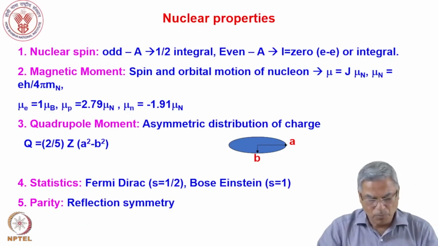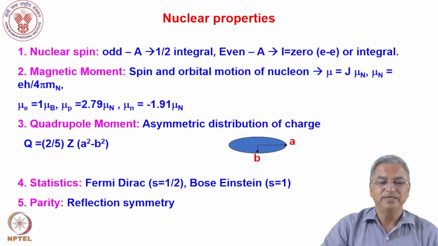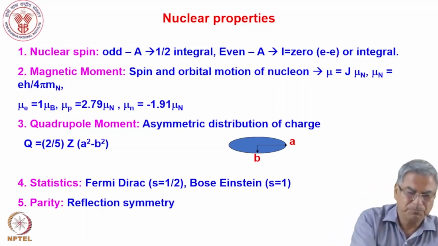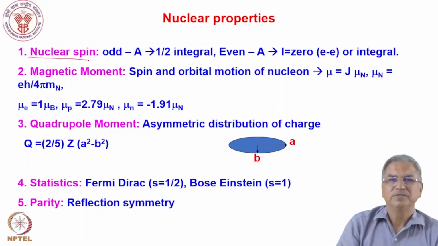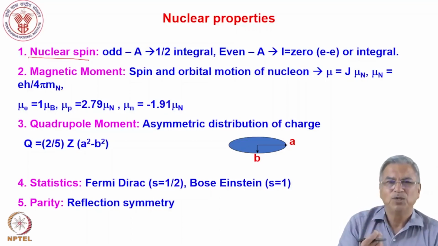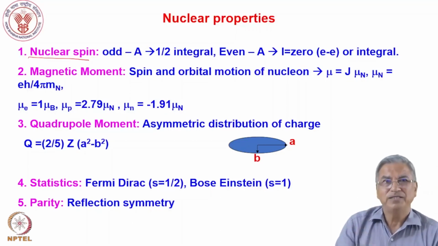There are other properties of the nuclei other than the nuclear force, which we will discuss later on, such as nuclear spin. Because neutrons have spin half and protons have spin half, nuclei have spin. It can be half integral or it can be integral.